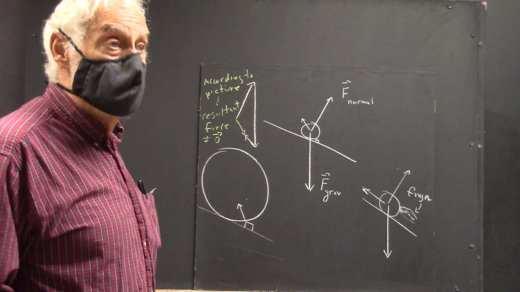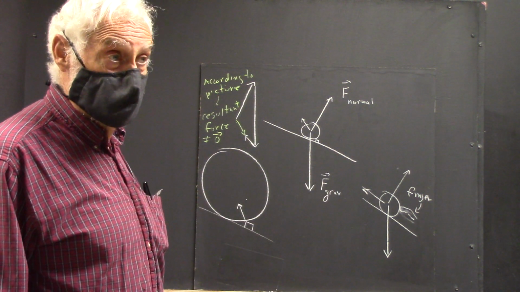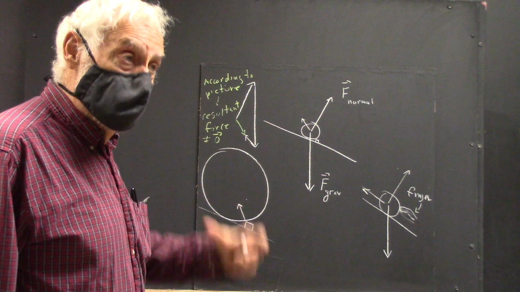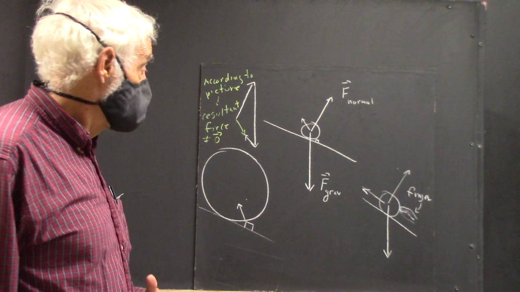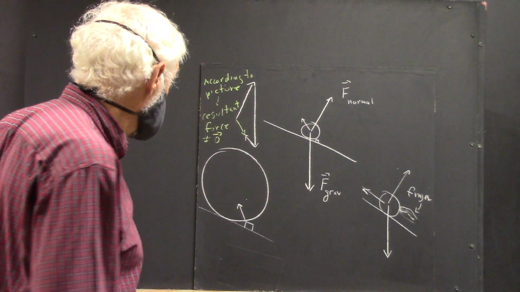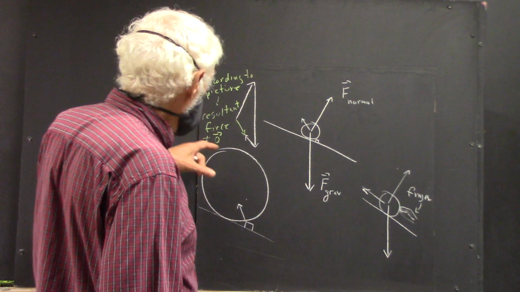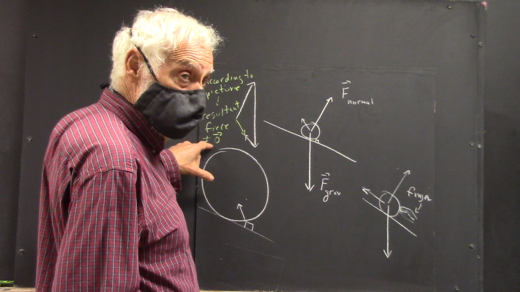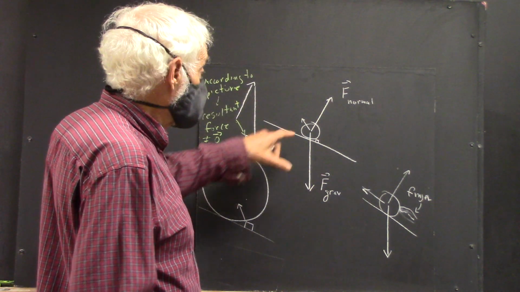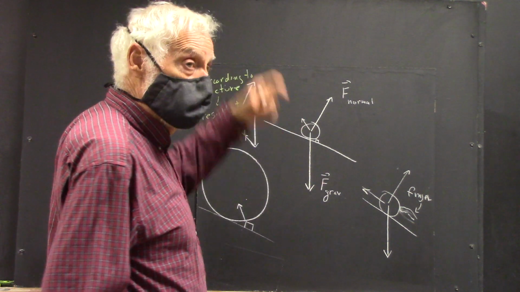But the resultant force is 0 because that ball wasn't going anywhere, right? The ball was sitting there, not accelerating. Meaning, since the ball was not accelerating, then the force on it had to be 0. So either there's some other force other than these three, or I didn't draw it accurately.